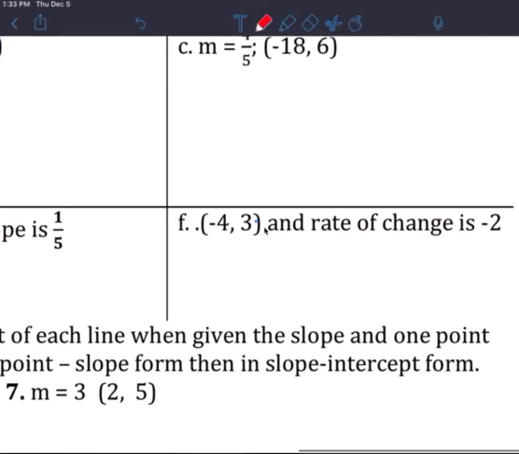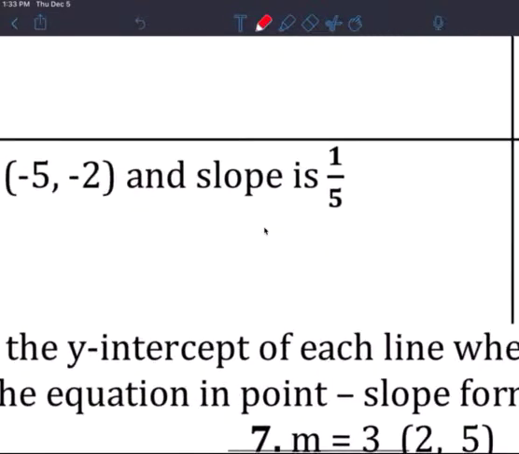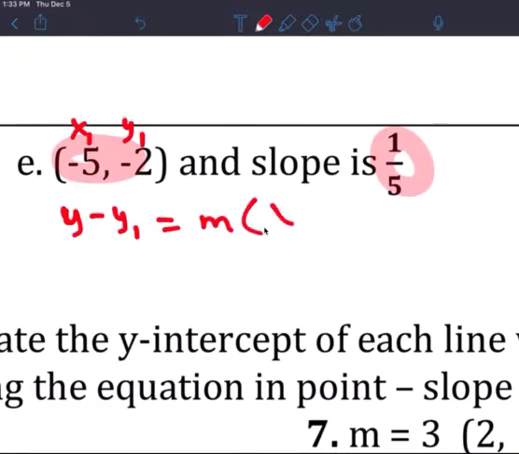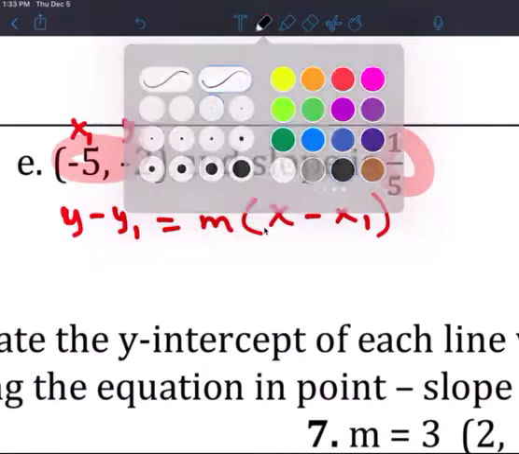And here is E, same thing. The point slope formula is what? A point and a slope. That's why this equation is called point slope. Y minus y sub 1 equals m parentheses x minus x sub 1. Of course, m is the slope, right?